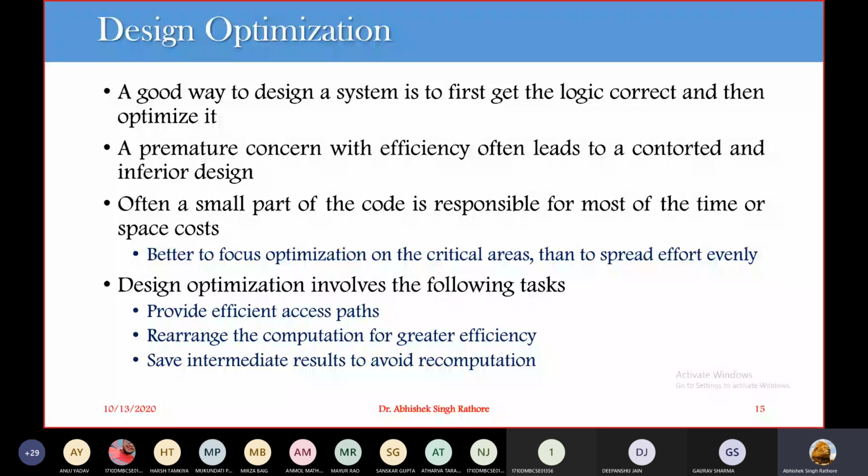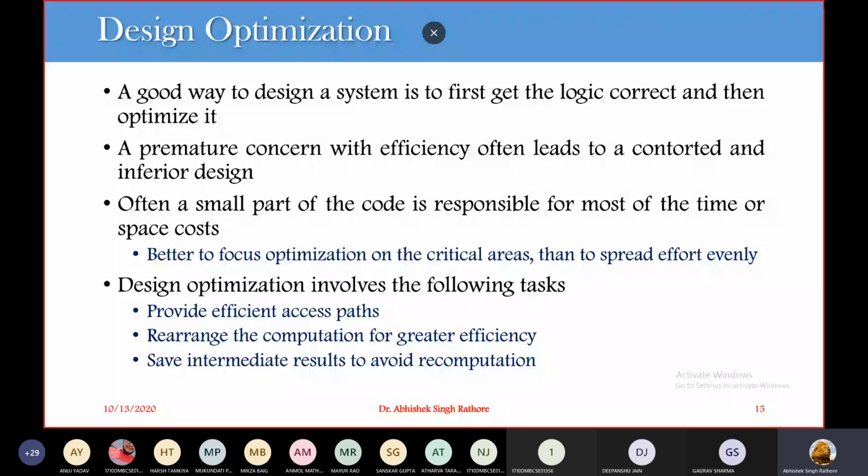So when we go for optimization, we should initially go for correct logic, and then optimize. Likewise, when we have different types of loops, we can optimize all those loops. This is a way we can go for optimization.